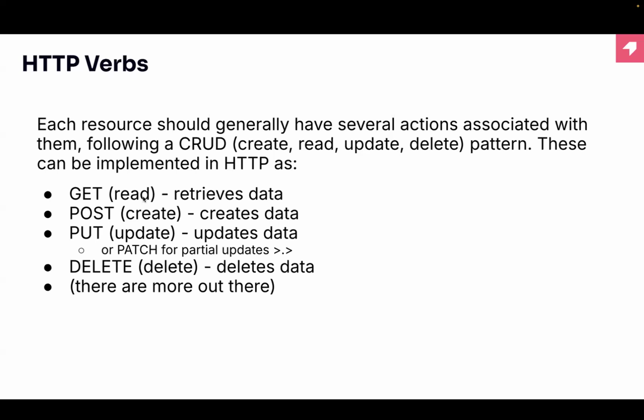You retrieve information. You don't write anything. Then for post, you create. This creates whatever resource or item you're trying to create. And then a put is for an update. This updates the data with some fields. A put is technically supposed to update the whole object.